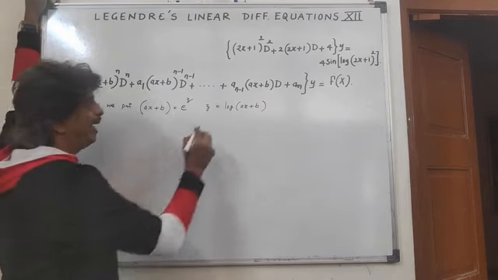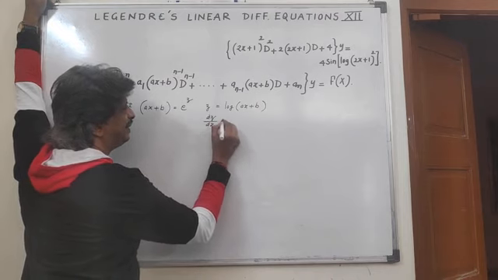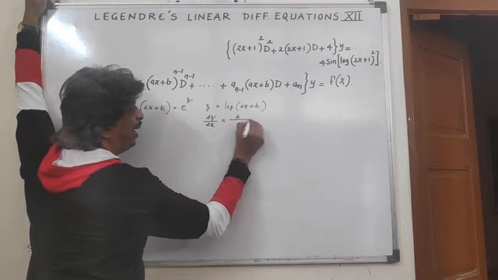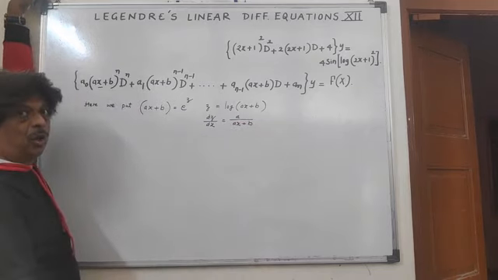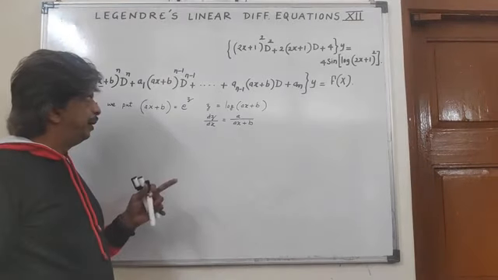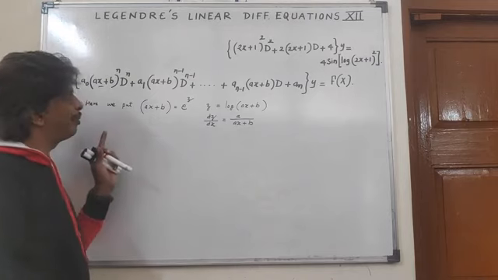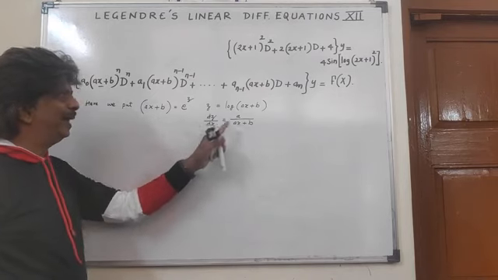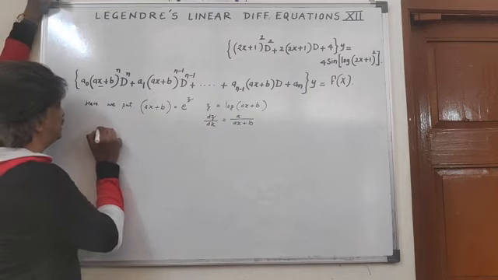Moreover, dz by dx is a upon ax plus b. So in view of these substitutions, dz by dx is a upon ax plus b. So what would be dy by dx?